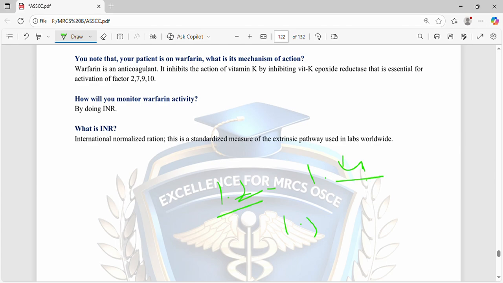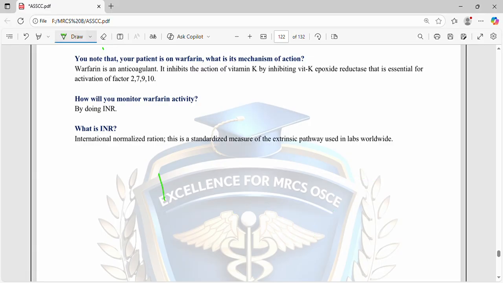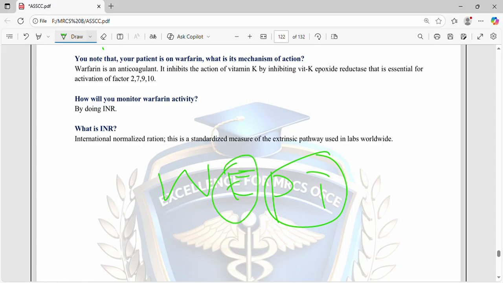Up to 1.5 is acceptable, and beyond this it will increase the chances of bleeding. And here I remember this by WEPT: the PT, the extrinsic pathway, and the warfarin.